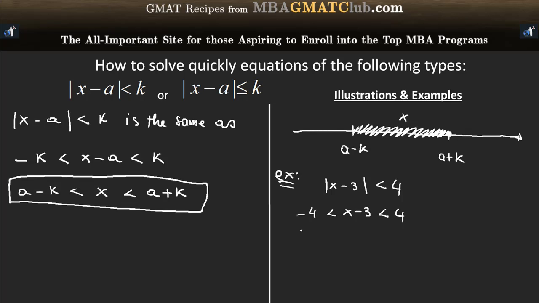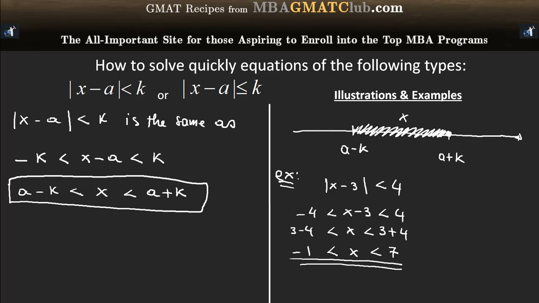By adding 3 to each side, we have 3 minus 4 less than x less than 3 plus 4. And then negative 1 less than x less than 7. And that is the answer.